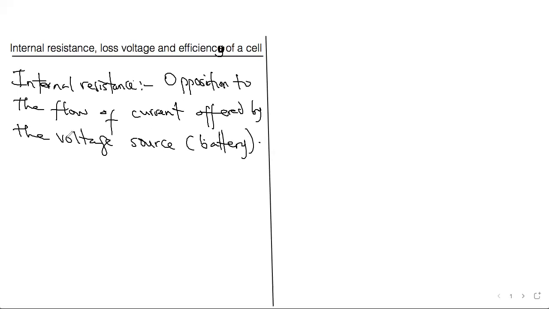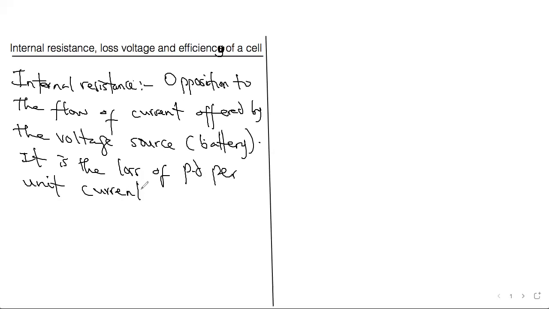It is the loss of potential difference. It is the loss of PD per unit current in the circuit.